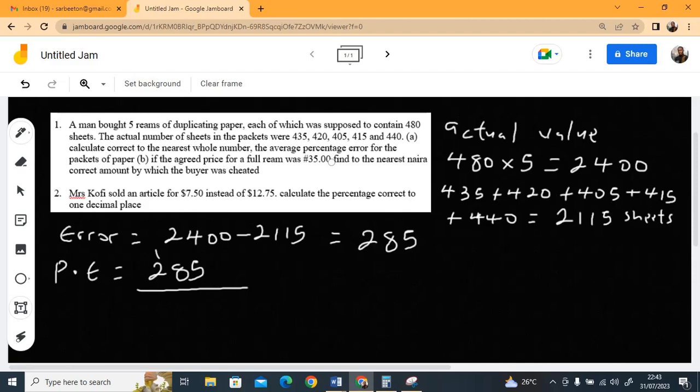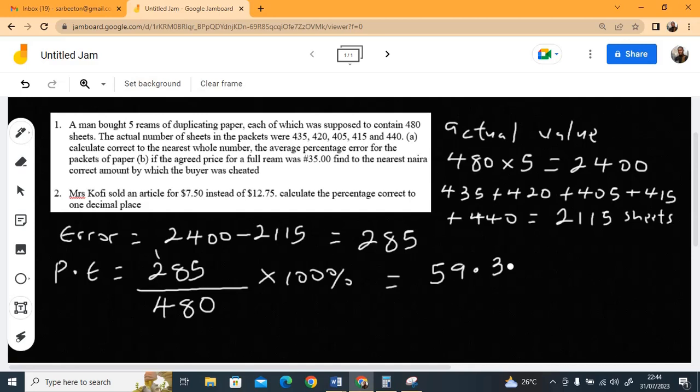So it means it should be over 480, right? This is the actual one. It is not each of these. Times 100%. So when you do this together, you have 285 divided by 480 times 100. So you have 59.3.